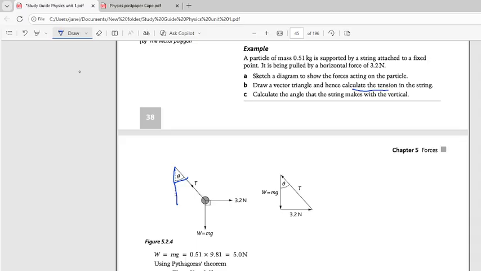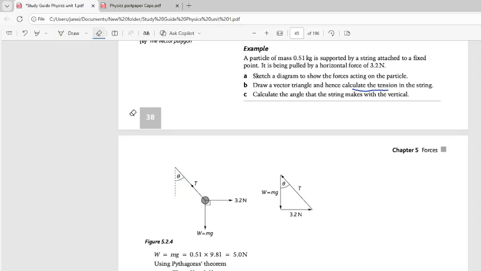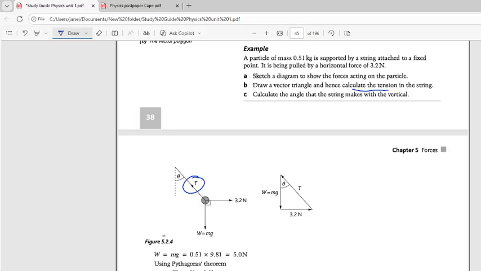The question is asking, what would be the value of the tension in the string? Actually, this one's called a spring.